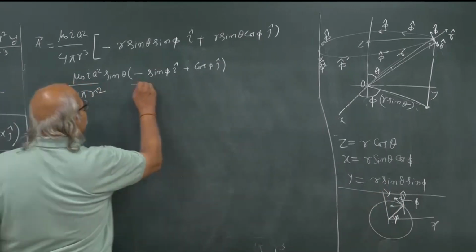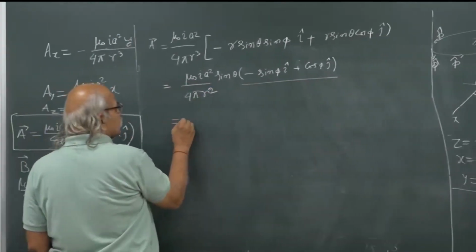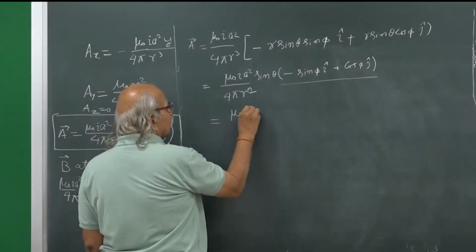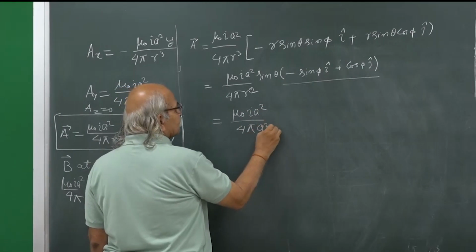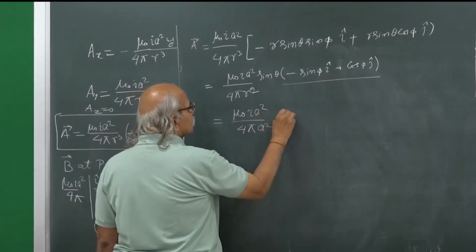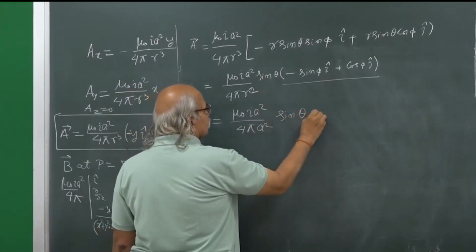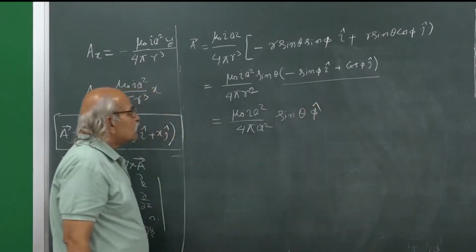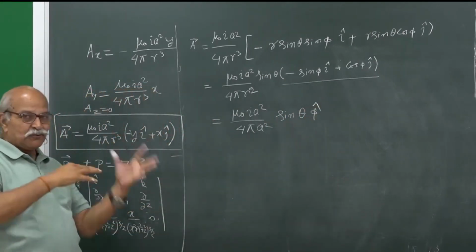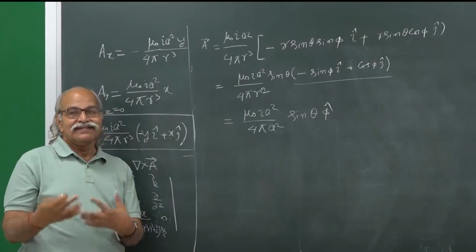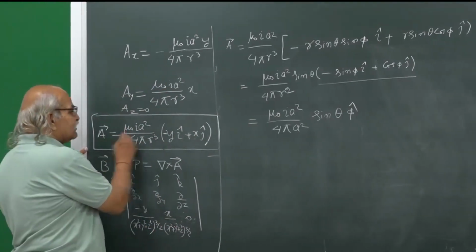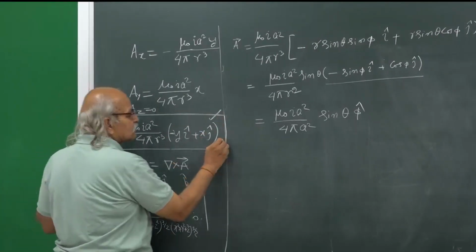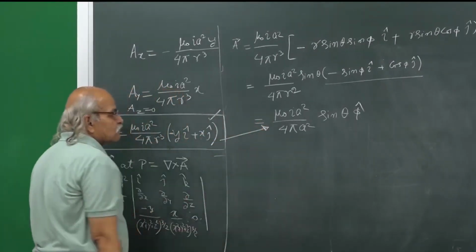So this is simply mu naught I a square by 4 pi r square, then sin theta, and this is phi cap. So if you transform it in spherical polar coordinates, then this A vector becomes just this.